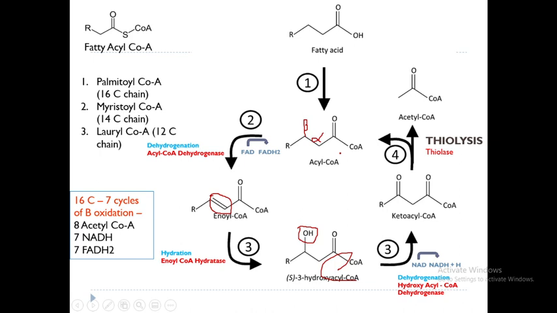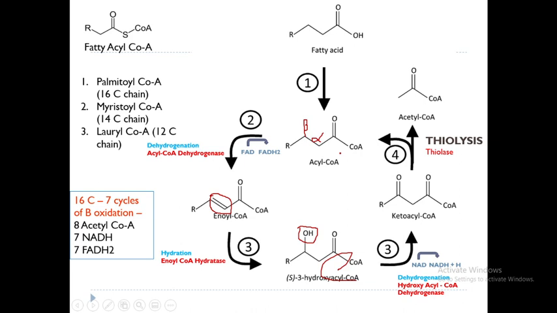Okay, so what is the total number of ATPs produced here? 1 acetyl-CoA, when it enters the Krebs cycle, produces about 10 ATPs. So 8 acetyl-CoA will give out 80 ATPs. And 1 NADH is equal to 2.5 ATPs, and 1 FADH2 is equal to 1.5 ATPs.